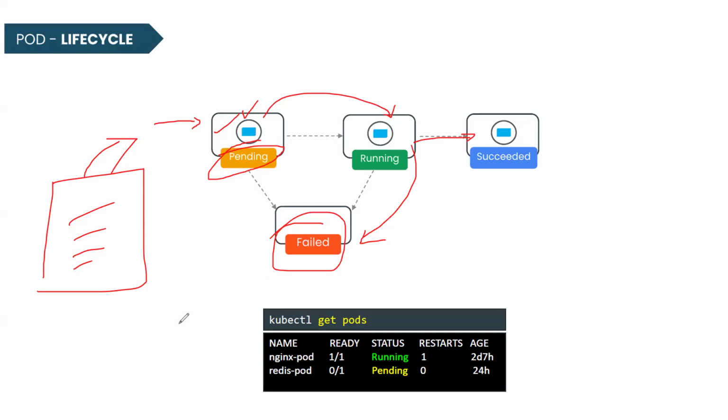When you deploy a pod, how do you get the status of a pod? We use the kubectl get command. Kubectl get pods. This command will quickly give you the name of the pod along with the status of execution. Easy?